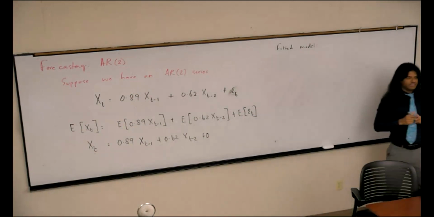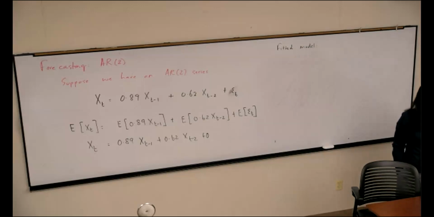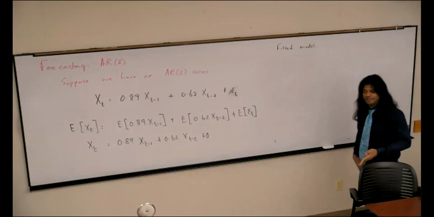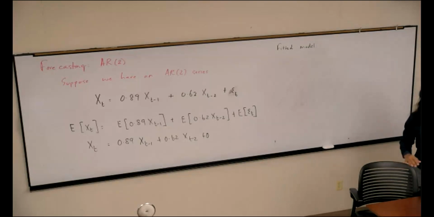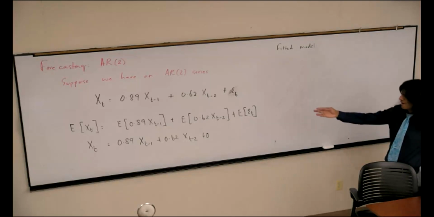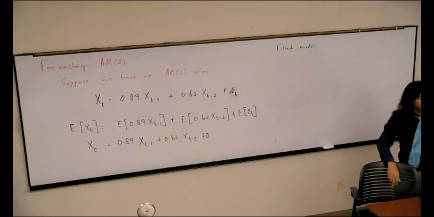How do we differentiate a model expression versus a fitted model? There is the concept of the theoretical model and then the fitted model. Fitted is using data. Theoretical is what we use to derive that. So far, we just called it xt, xt minus 1, xt minus 2.